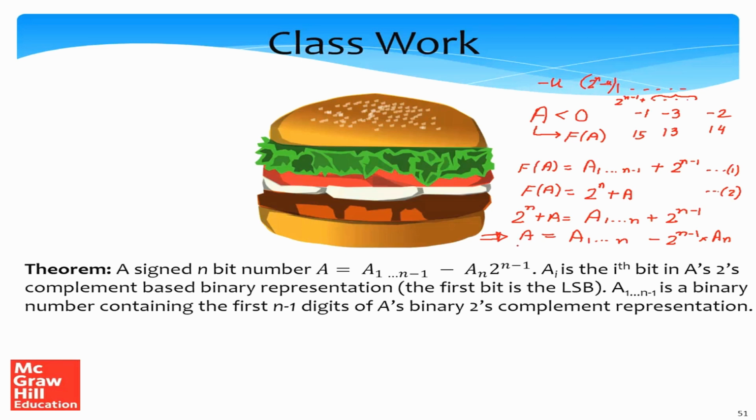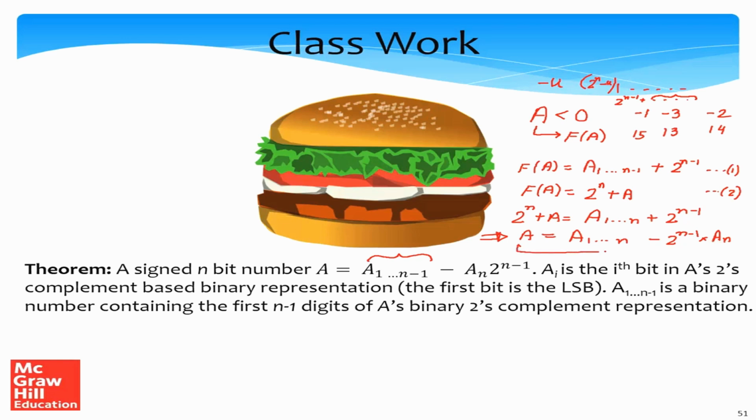So this expression over here, a, is equal to the number formed by considering the first n minus 1 bits in a's 2's complement representation, which is this number over here, minus 2 to the power n minus 1 times an, where an is the nth bit, and in this case we know it's 1.